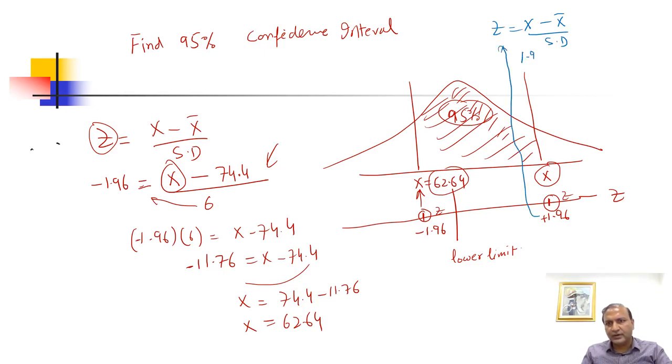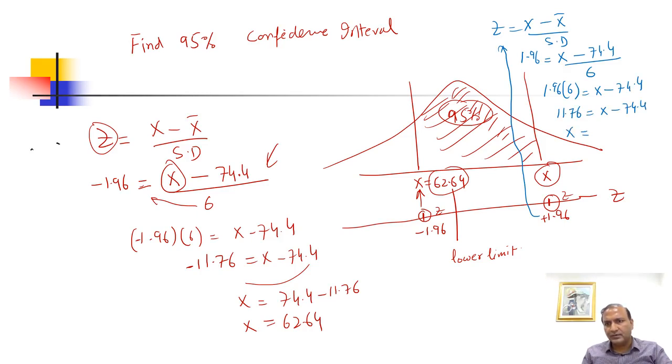So 1.96 is equal to x, which I have to find, minus 74.4 divided by standard deviation, which is 6. If I solve it, 1.96 into 6, which is 11.76, is equal to x minus 74.4.